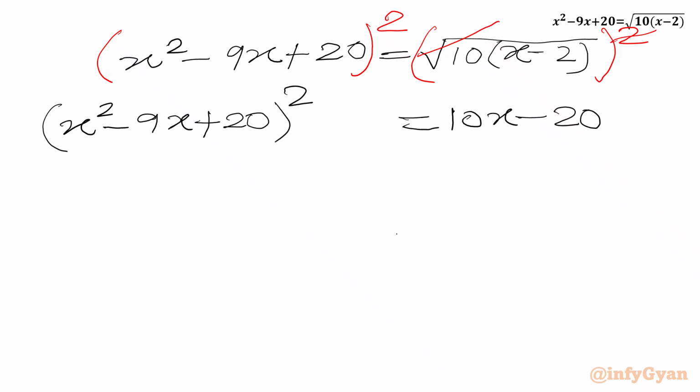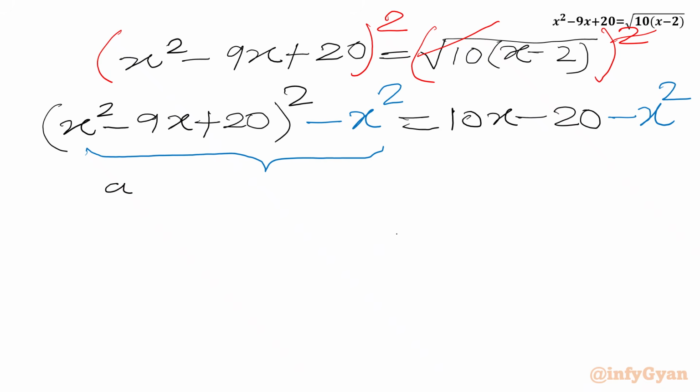Now we are going to subtract x squared from both sides. So we'll write minus x squared, minus x squared. Now we have one specific form in our left hand side, a squared minus b squared. So I can write the formula a squared minus b squared, which is equal to a plus b times a minus b.